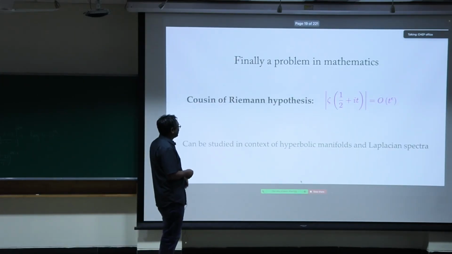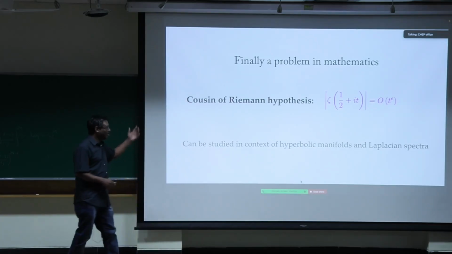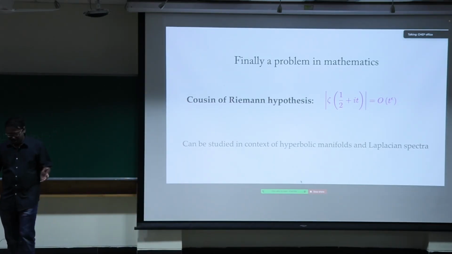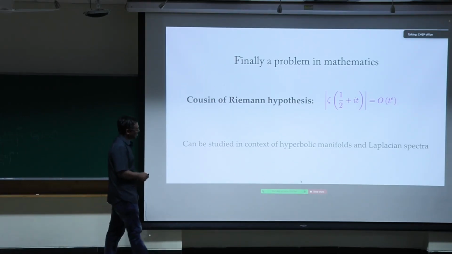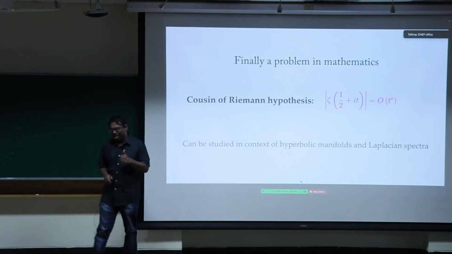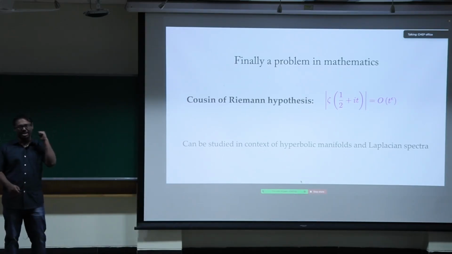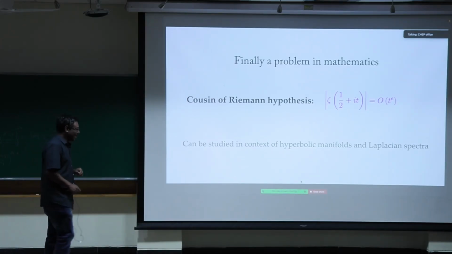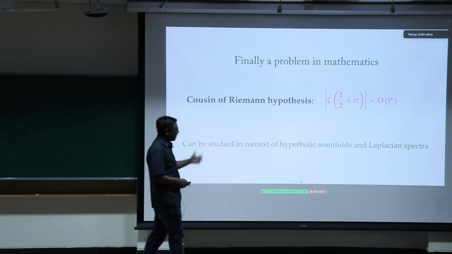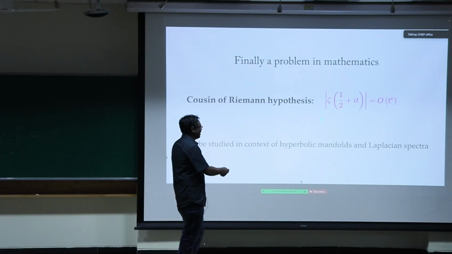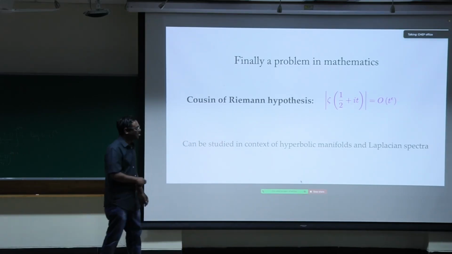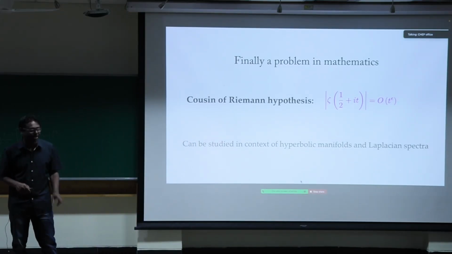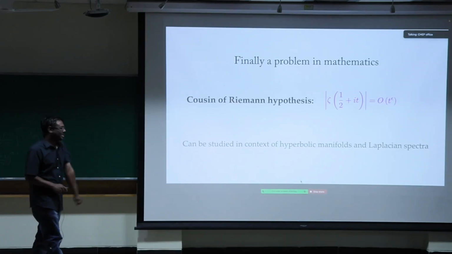And finally, a math problem. As I was saying, this also has implications in math. There is a cousin of the Riemann hypothesis, which is called the Lindelof hypothesis. The Riemann hypothesis implies Lindelof, but the reverse direction doesn't go. This is one of the open problems in math for a long time. You need to show that the absolute value of the zeta function on the critical line is order t to the power epsilon for every epsilon greater than 0 as you go high up in this direction.